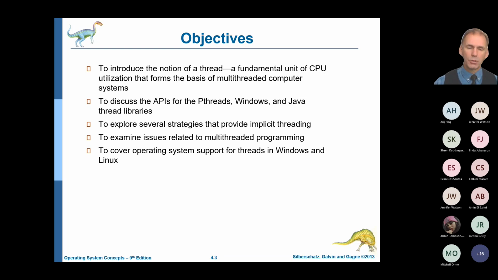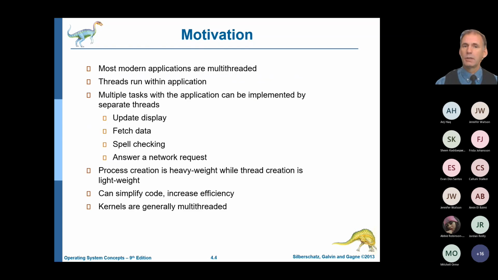So let's think about what we're going to do, what options we might need to have, and then we can look at how some different operating systems implement that. As I say, all your threads run within the application, and you can have multiple ones connected to that process.